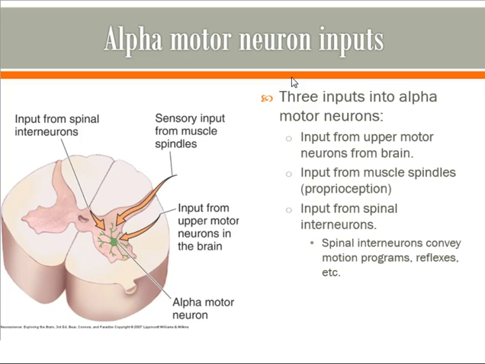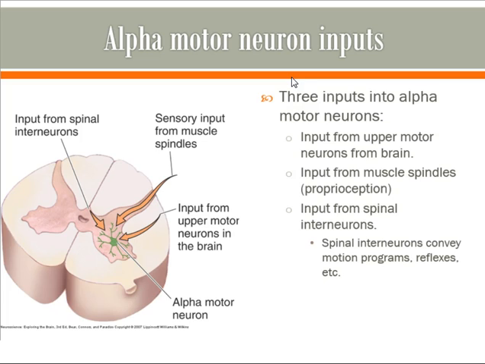The idea is that when a muscle is starting to get stretched, your muscle spindle organs can detect that change in length, and as a result, they'll send signals up which can reflexively cause these alpha motor neurons to increase their signaling and cause the muscle to contract to oppose that stretch.